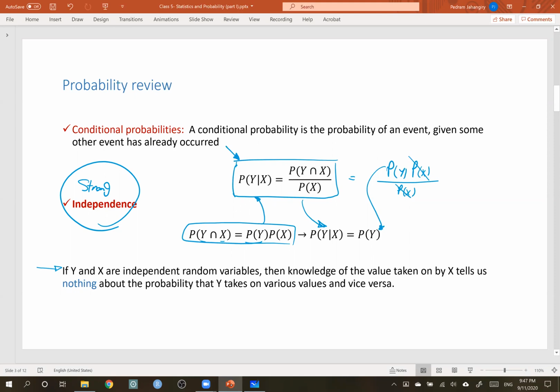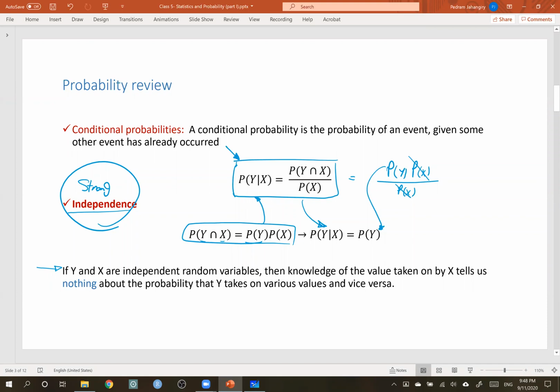These are different versions of independence. But usually in the statistics courses that you have taken, when people talk about independence, they mean strong independence.